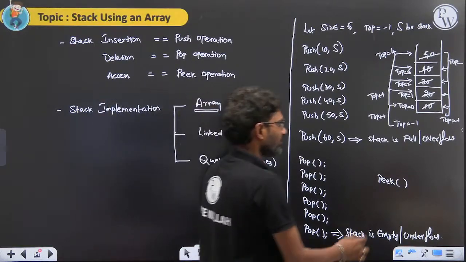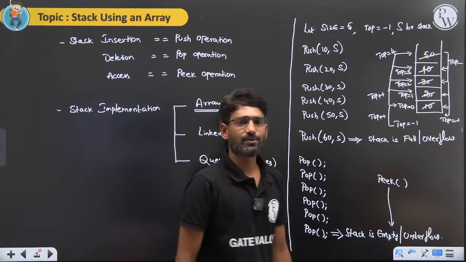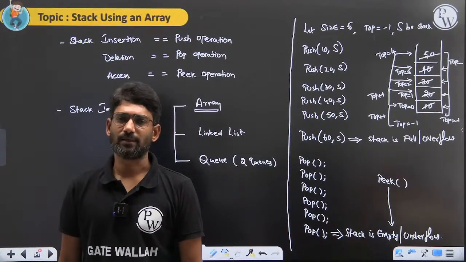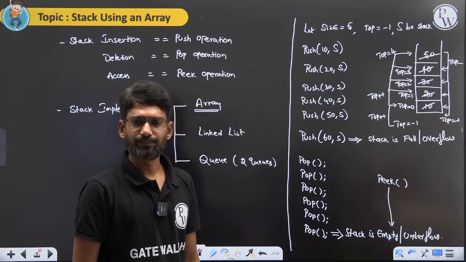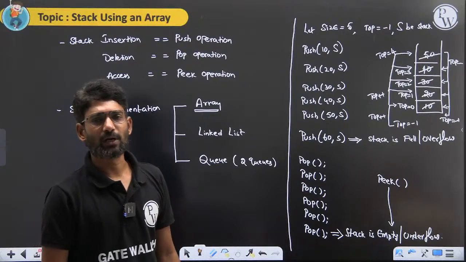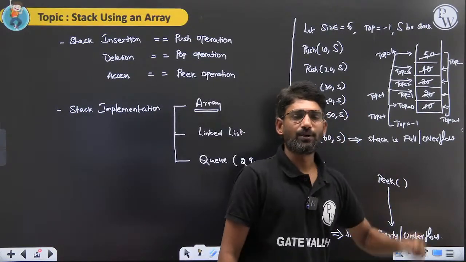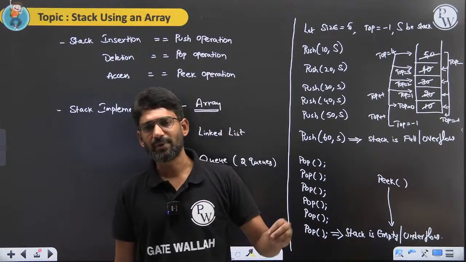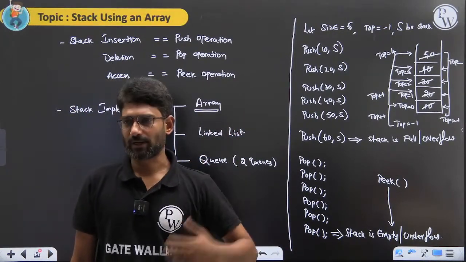Hence, while peek operation and pop operation, first we should check, are there any elements in the stack or not? That means we should check for the empty condition or underflow condition. And when you are pushing, you should check whether there is an empty space or not. Means overflow condition.